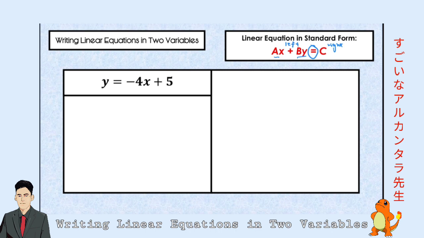Again, when we say standard form, there are two things that we are expecting to see on the left, and there's one thing that we are expecting to see on the right. So on the left, we want the x and the y variable terms to be there, and on the right side, we want the constant only. As you can notice with our given, only y is on the left side.